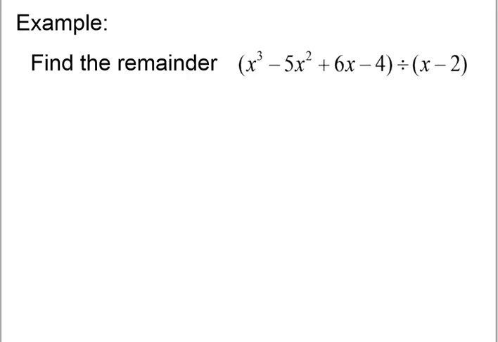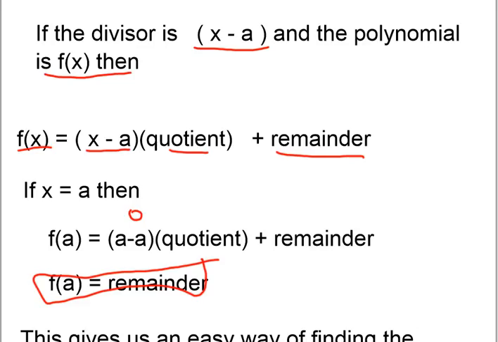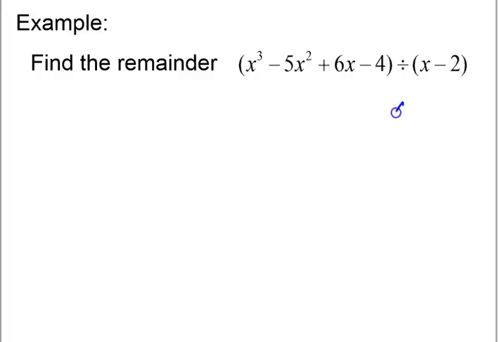Okay, let's find the remainder of this polynomial divided by x minus 2. If we went back, we let x equal a. What I did is I set x minus a equal to 0 and solved for x. So if x equals a, I'm going to do the same thing over here. So x minus 2 equals 0, solve for x.